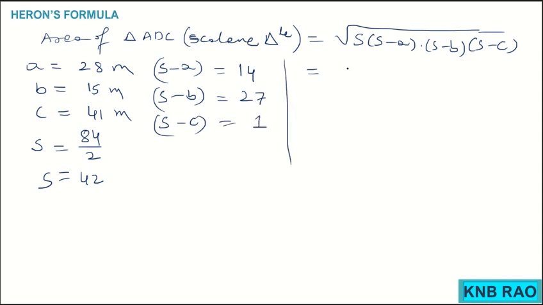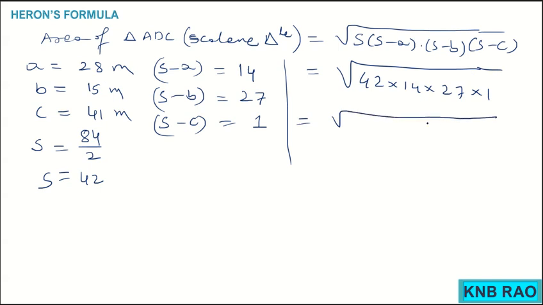Now substituting them here, root under 42 into 14 into 27 into 1. Now you can write 42 as 7 into 3 into 2, 14 can be written as 7 into 2, 27 can be written as 3 into 3 into 3.